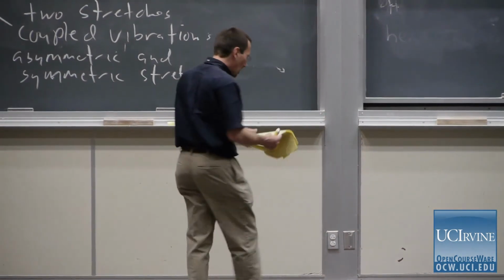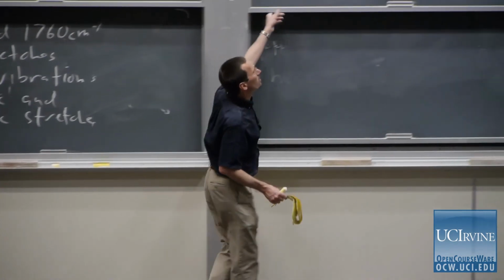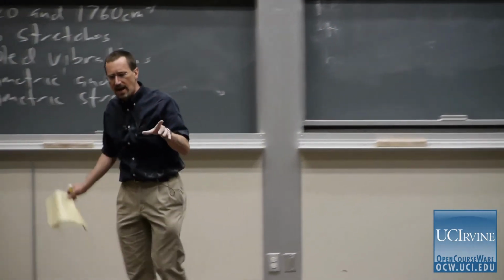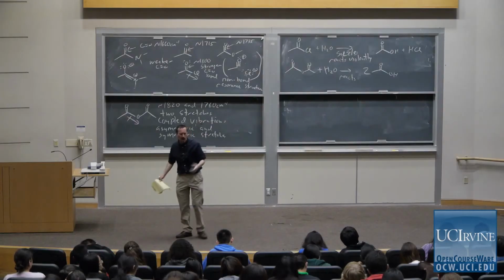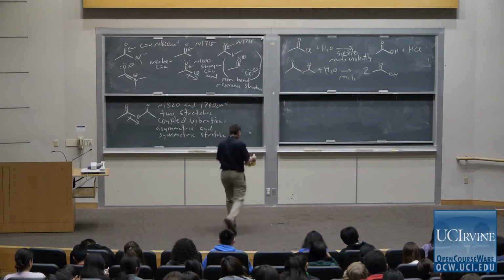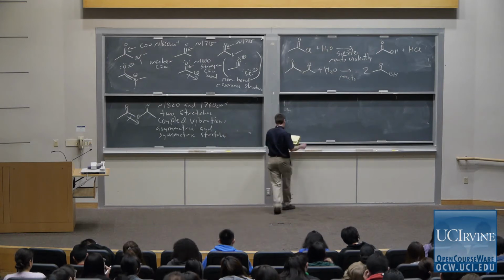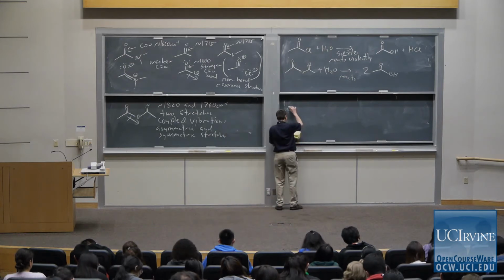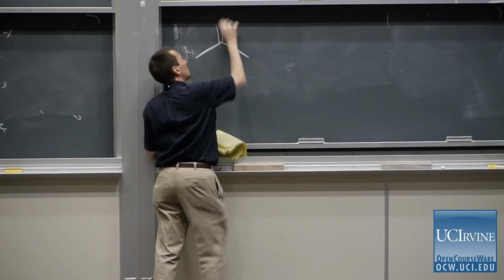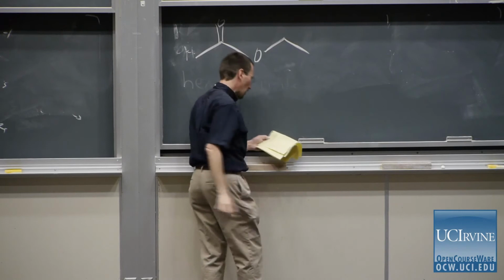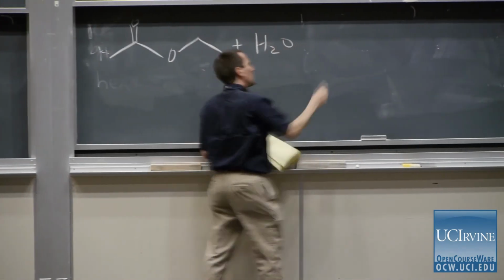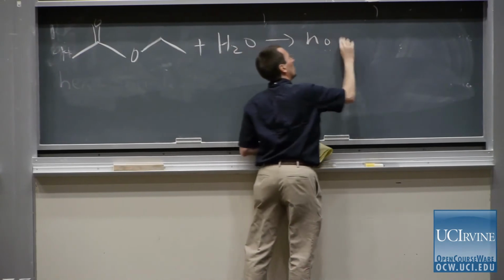And where I really want to compare this to start our discussion of the chemical reactivity, of the chemical properties of the carboxylic acid family, where I really want to contrast things is to start to contrast them to, say, esters and amides. So if I take ethyl acetate and water, there's no reaction.